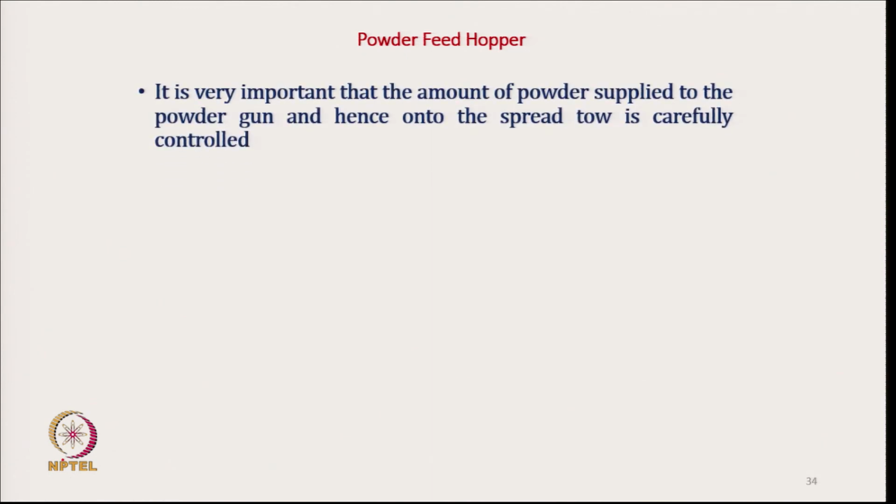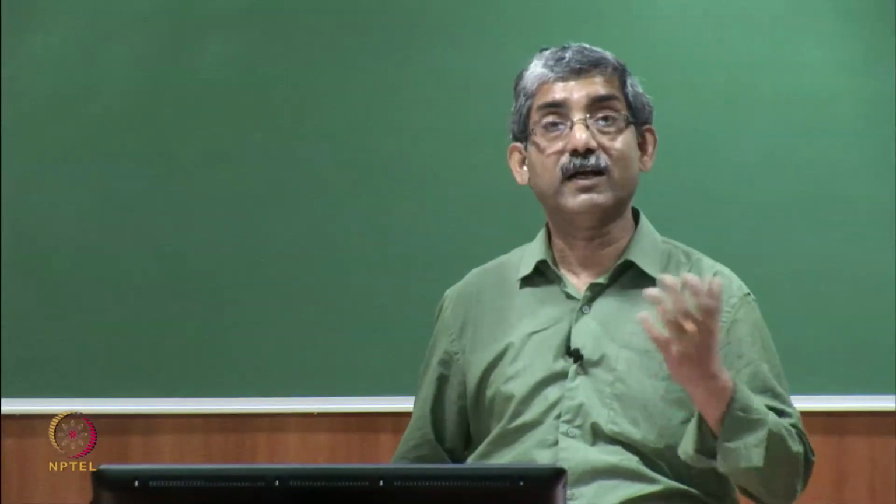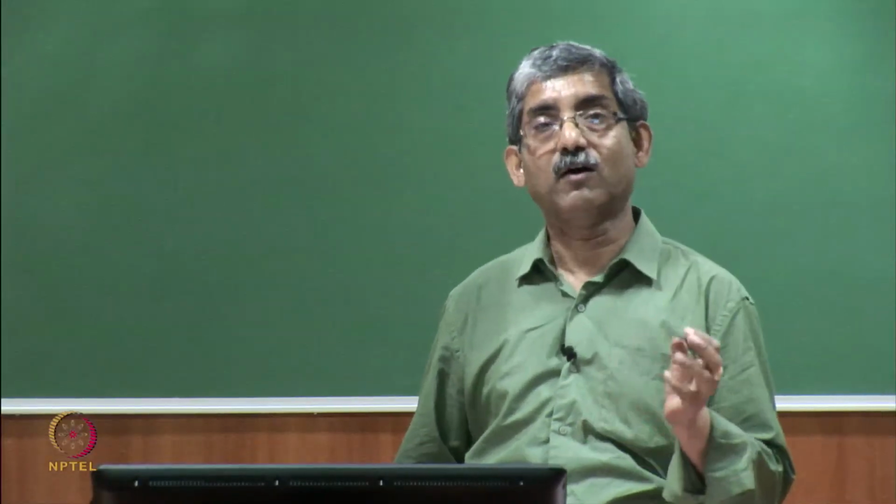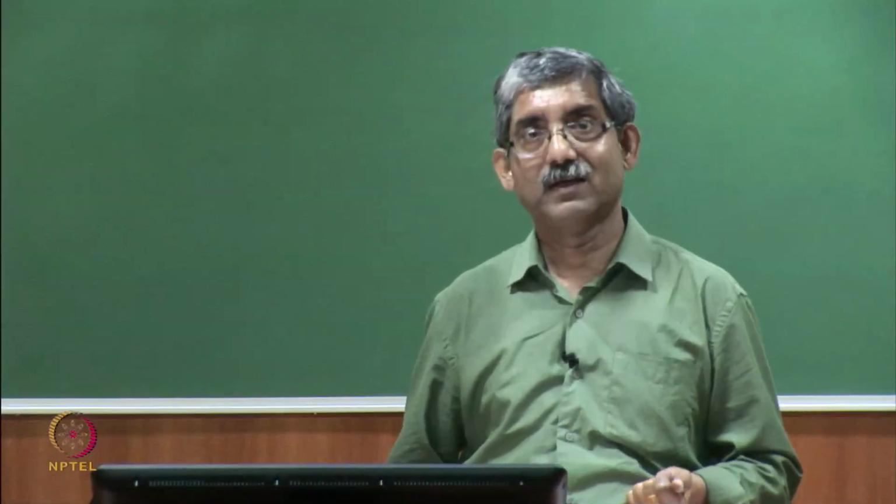Here it is very important that the amount of powder supplied to the powder gun is controlled. We have to control it very carefully. If it is very high, then clogging of the gun will take place.